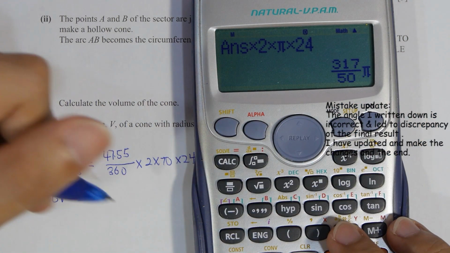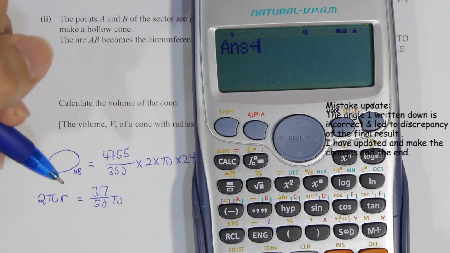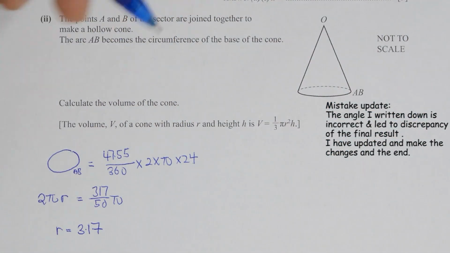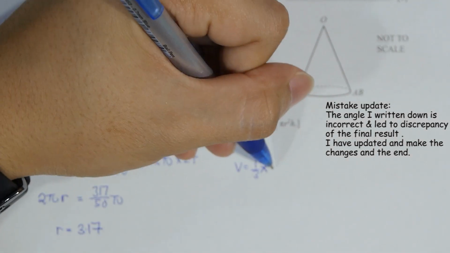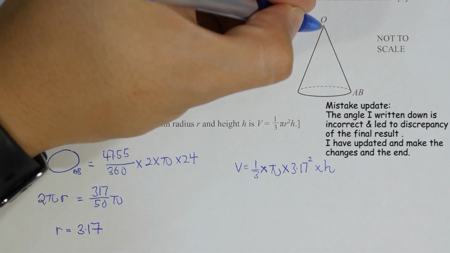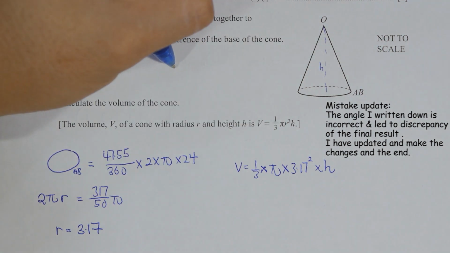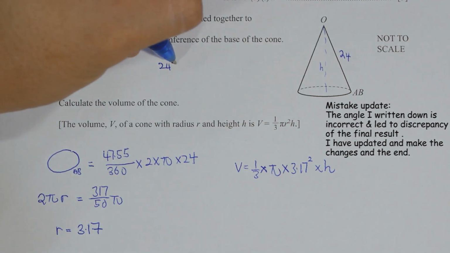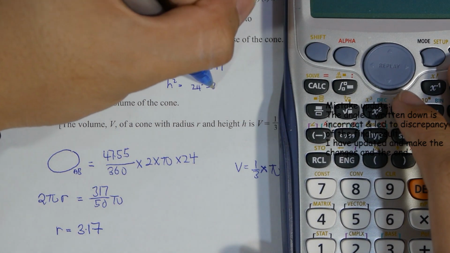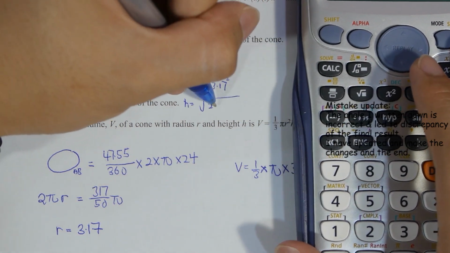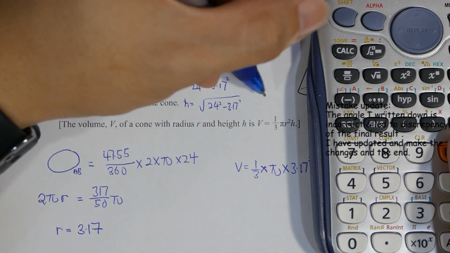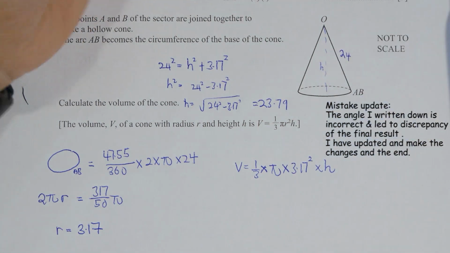Hence, the circumference we have gotten earlier, which is 47.75 over 360 times 2 times pi times the previous radius, which is 24, will be equivalent to this new shape's 2 pi r. So after the calculation, we'll get the radius of this shape as 3.18.